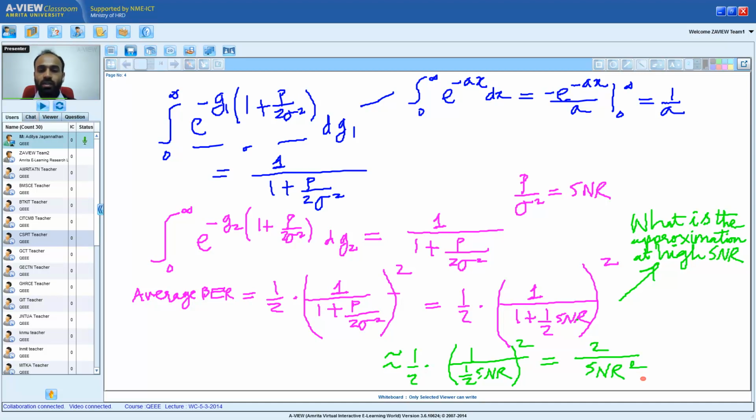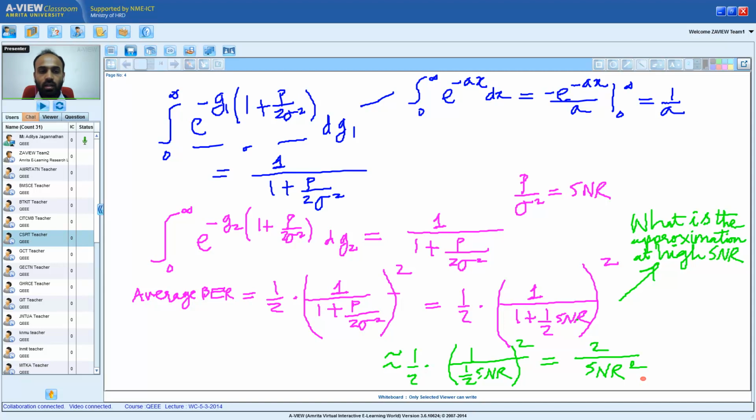Several people and several colleges have replied, UIET also has replied. That is basically 2 divided by SNR square.